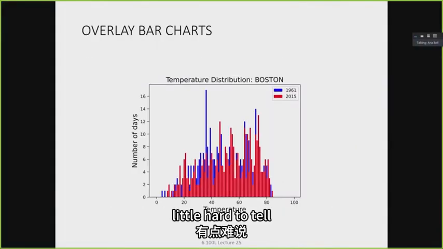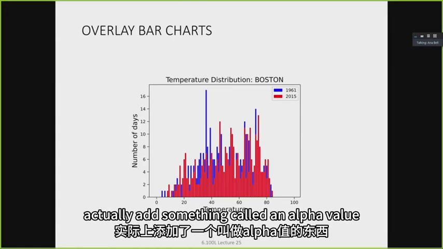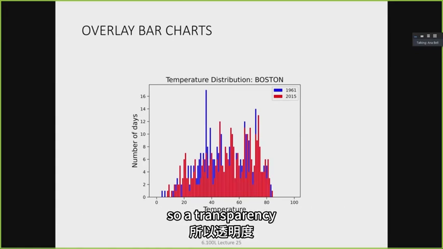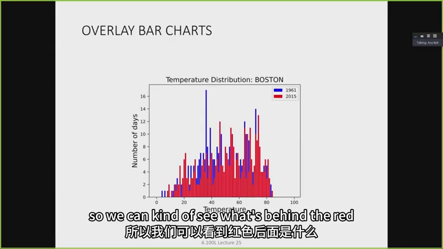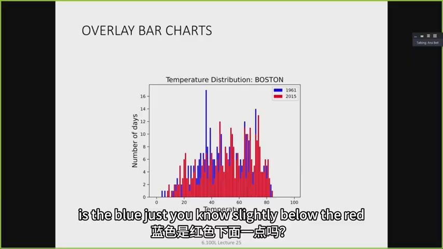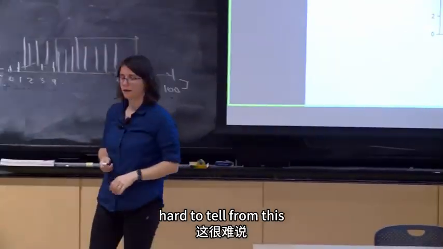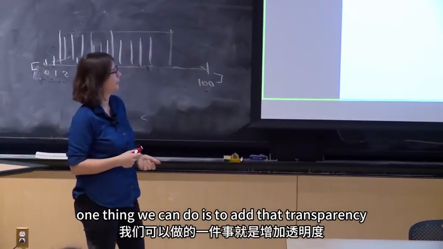A little hard to tell, so what we can do for this graph is add something called an alpha value, a transparency, so we can see what's behind the red. Does the blue go all the way down here? Is the blue just slightly below the red? Hard to tell from this. One thing we can do is add that transparency, like I said.